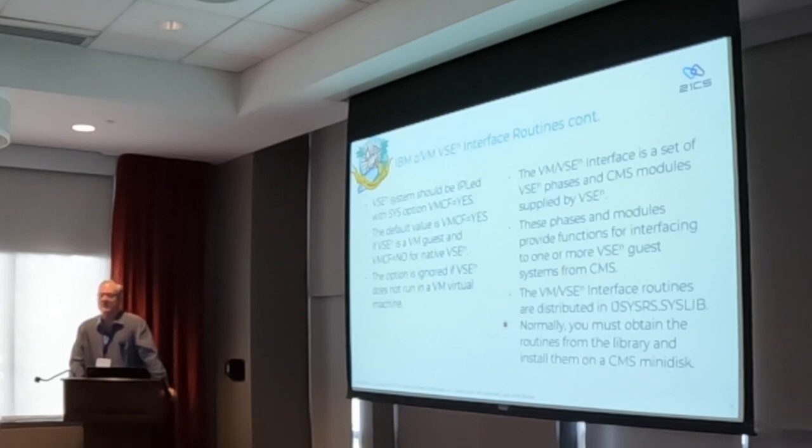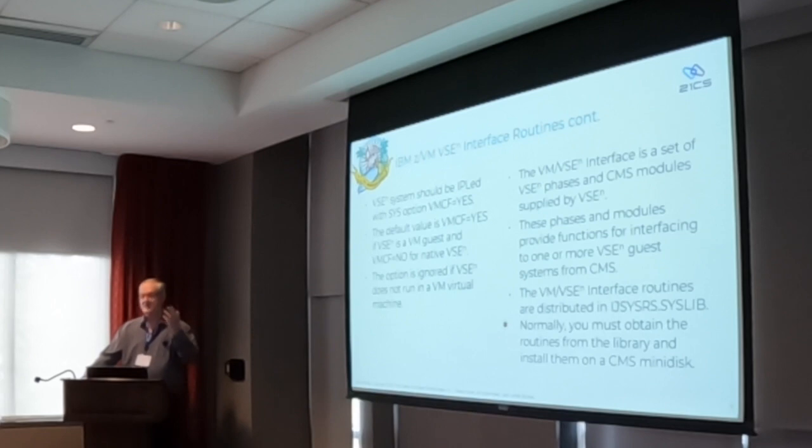It'll default to the first writable minidisk that you have on your VM system, and then what we did is we only did it one time, and we share a tools disk, and everybody has the exits and the phases available on their VM system.